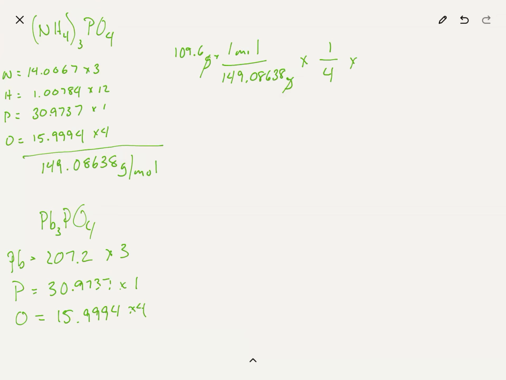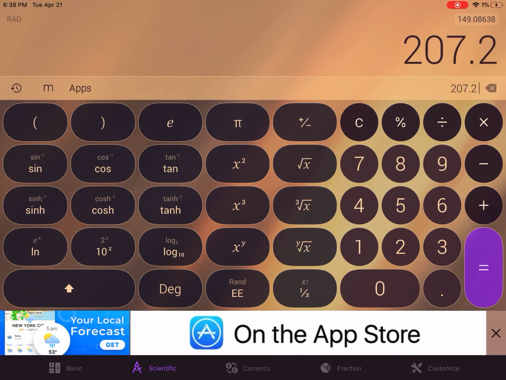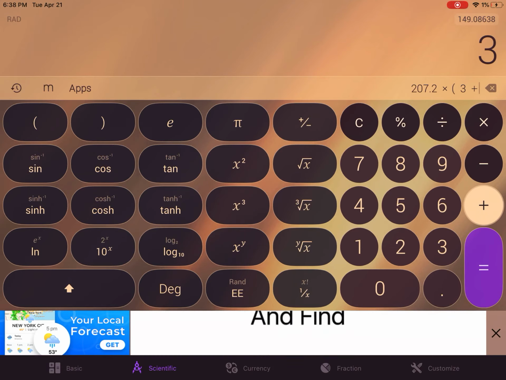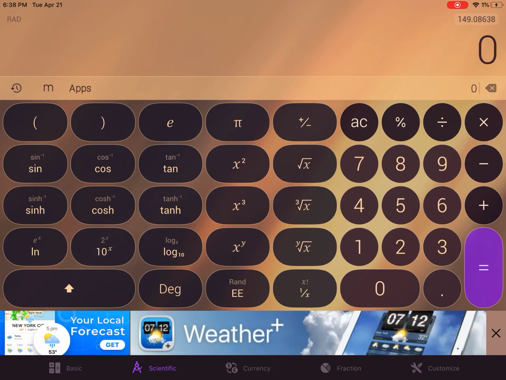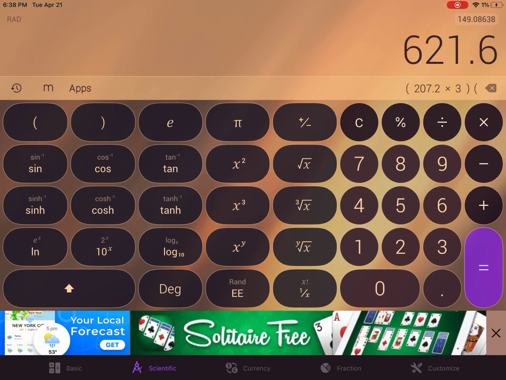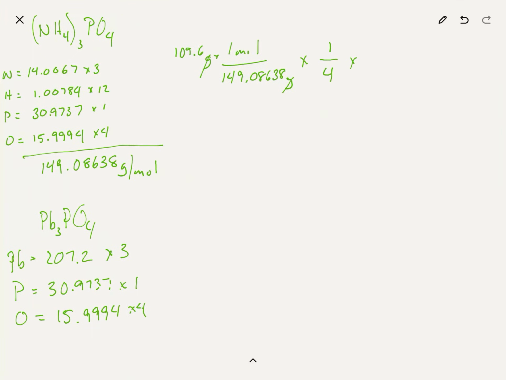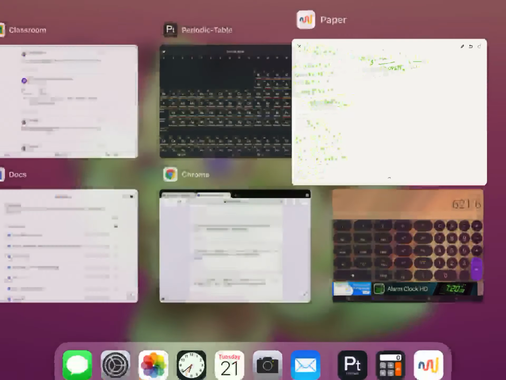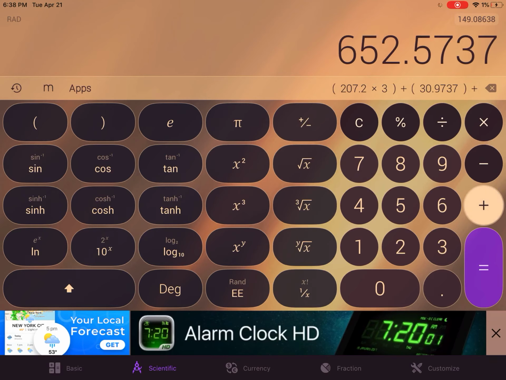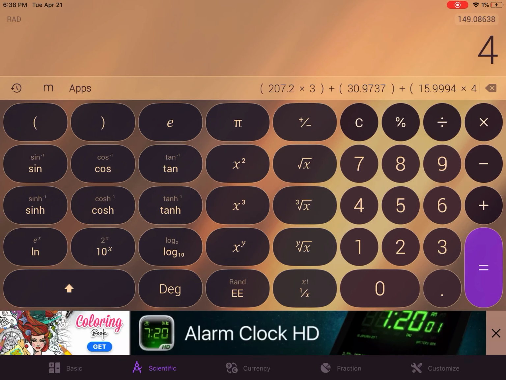So let's go to our calculator and do that. 207.2 times 3, that's lead, plus 30.9737, plus 15.9994 times 4 for oxygen.